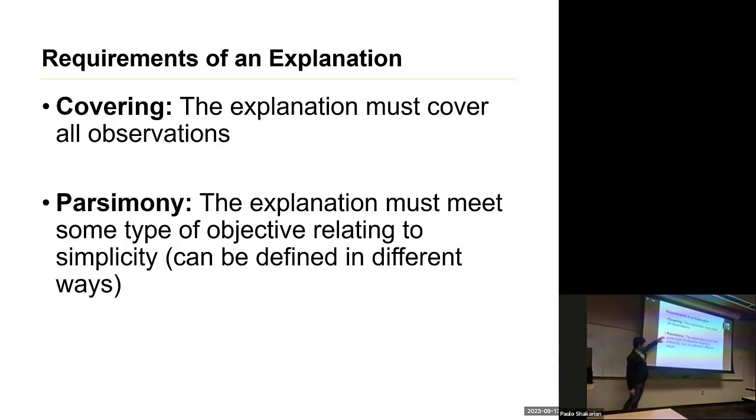Parsimony means that the explanation must meet some standard of simplicity. And this is intentionally vague here because there are many ways that you can do this. And we'll go over some very straightforward ways and see how that can build up and become more complicated.